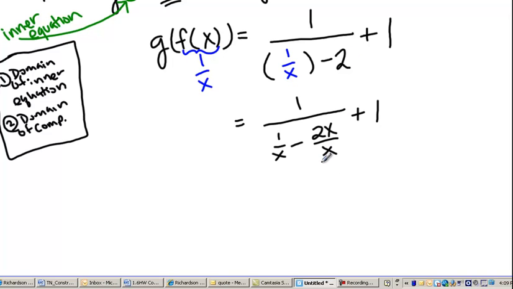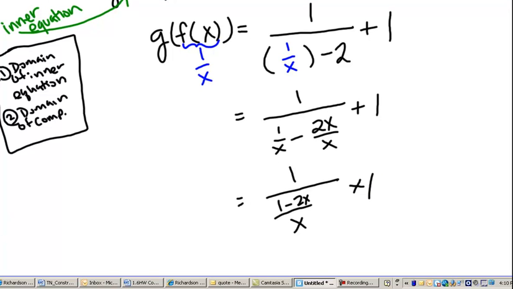Because if I cancel those out, it's still 2. Now I can combine the bottom fraction into 1. I'm sorry it's so slanted. I need to work on making it not a slanted screen. I guess it's the way I write.